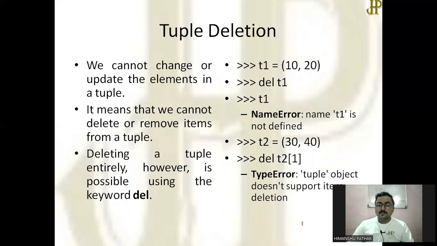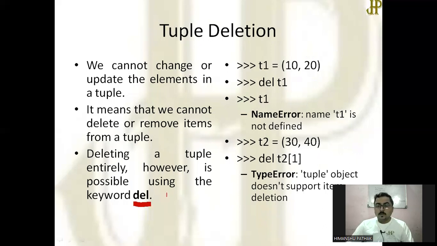Again, as you know, if we cannot change the elements of the tuple, then we cannot delete an element either. Okay, but we can delete the tuple as a whole, with the help of the keyword del.